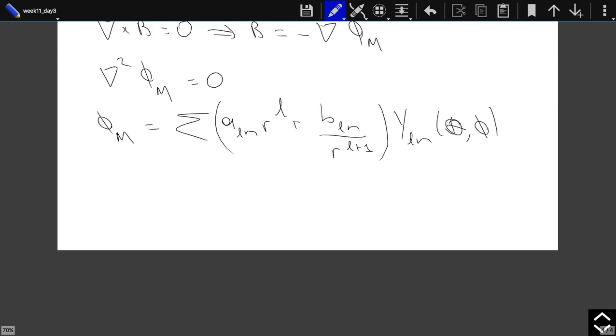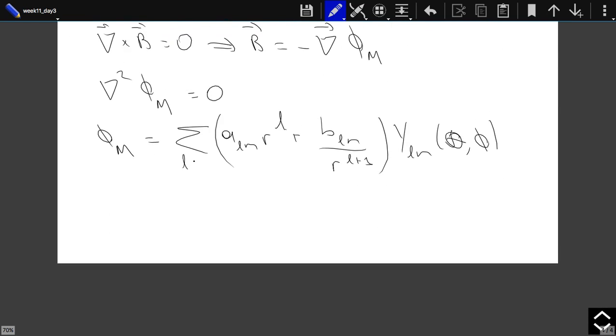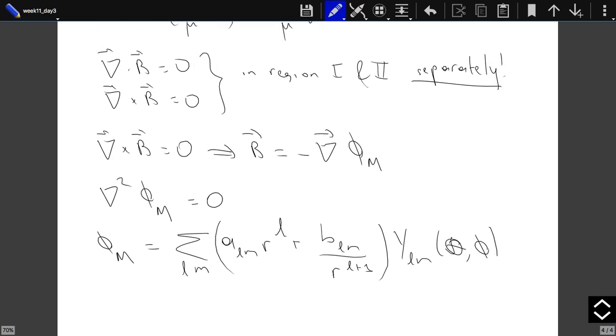That tells me that in this sum, where I'm summing over all possible l and m values, only the m equal to 0 term can survive. And the m equal to 0 term of Y_lm is proportional to P_l of cosine theta.